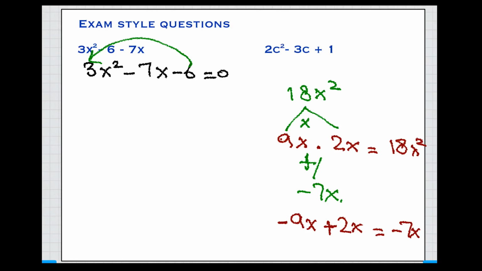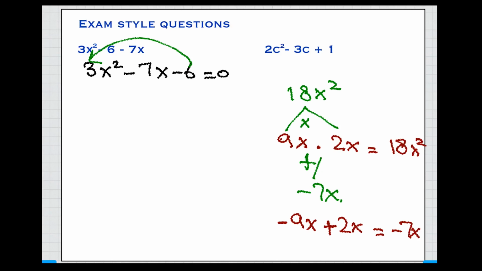So I know two numbers, 9 and 2. When I times 9 with 2, that gives me 18x squared, and when I add minus 9x plus 2x, it gives me minus 7x. So you need to keep in mind that you get the correct signs as well.